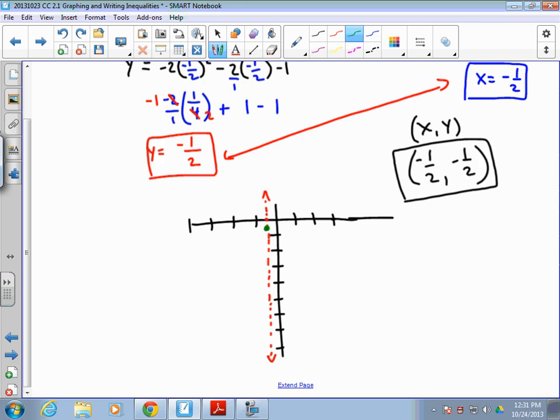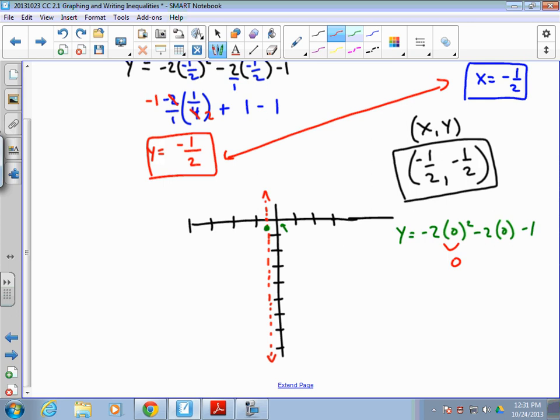We need to plug in 2 more values to find the other 2 points that we can mimic on the left side. If we go to the next x value from negative 1/2, we go to 0. So plug it into the original equation. Y equals negative 2 times 0 squared minus 2 times 0 minus 1. Anything 0 squared is 0. Anything times 0 is going to give us 0.